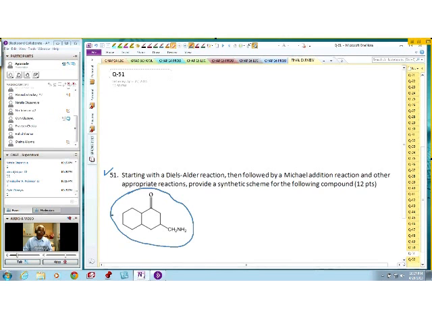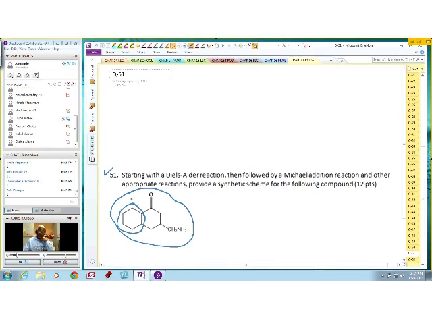Notice there is no restriction on what starting material or reagents you can use, as long as you use a Diels-Alder reaction. If you take a look at this molecule here, we know we are going to use a Diels-Alder reaction, which could give us a 6-member ring. So I would say maybe I could make this ring here from a Diels-Alder reaction.